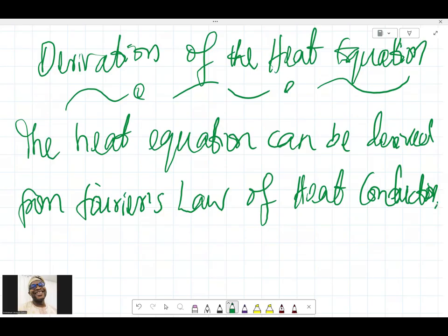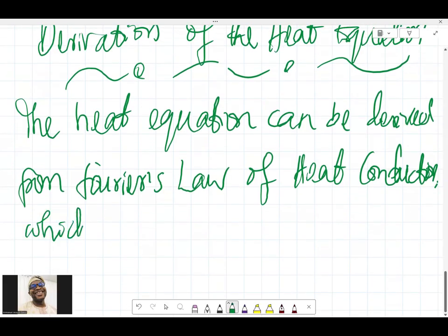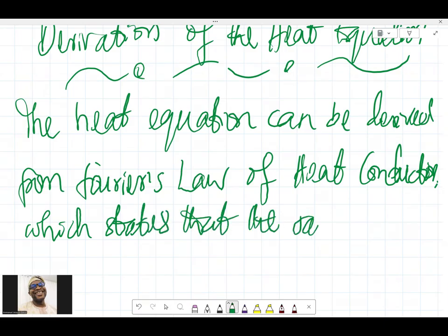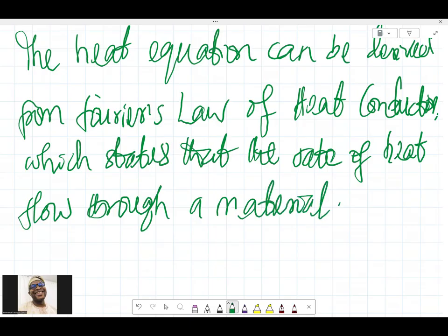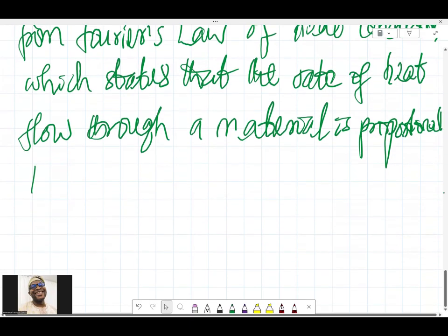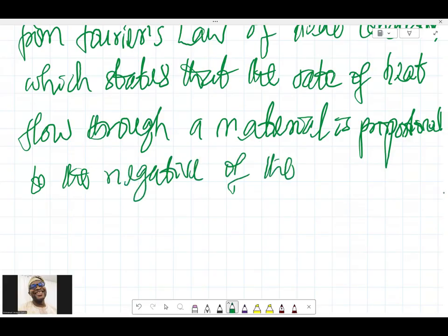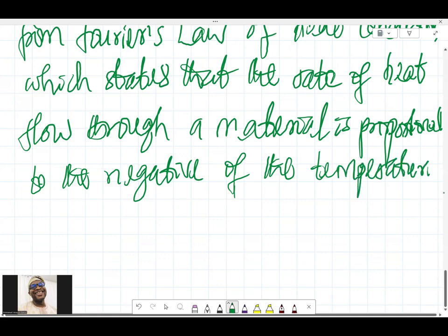Fourier's law of heat conduction states that the rate of heat flow through a material is proportional to the negative of the temperature gradient.